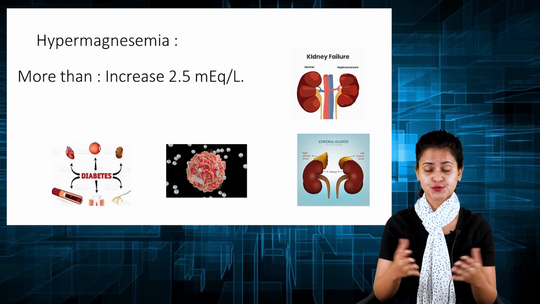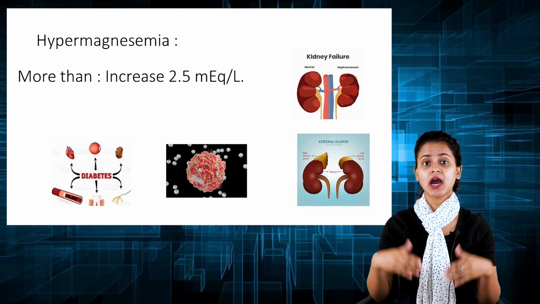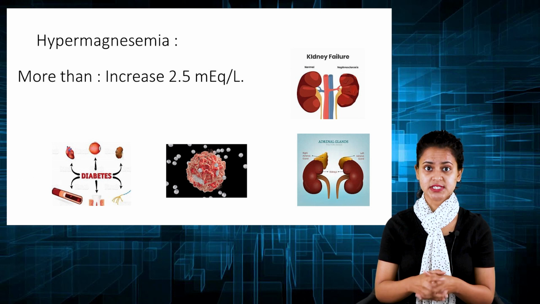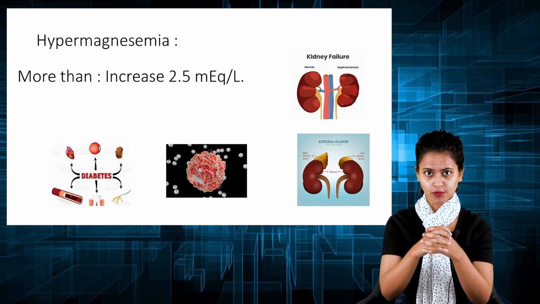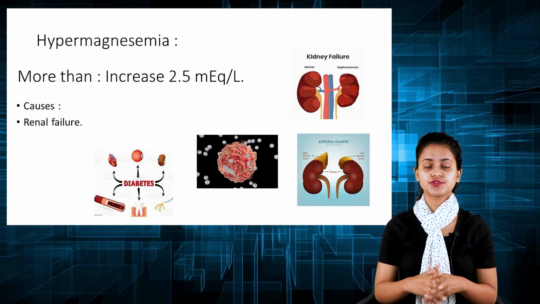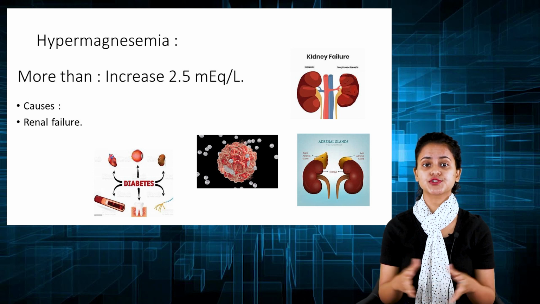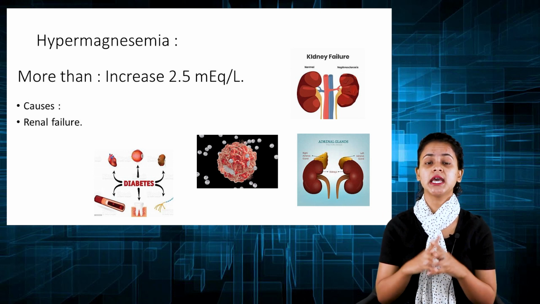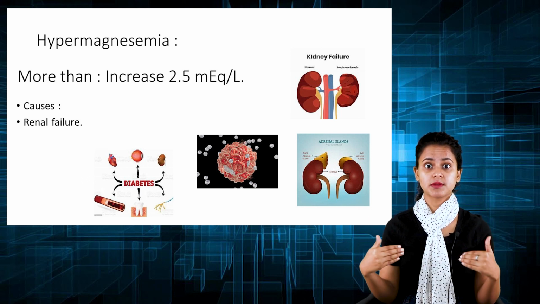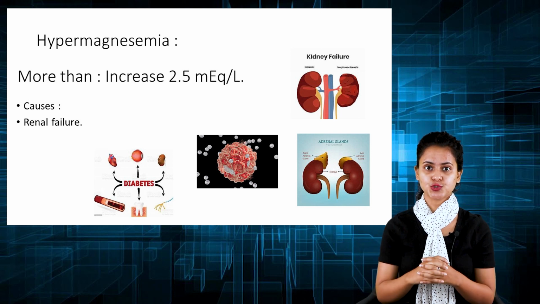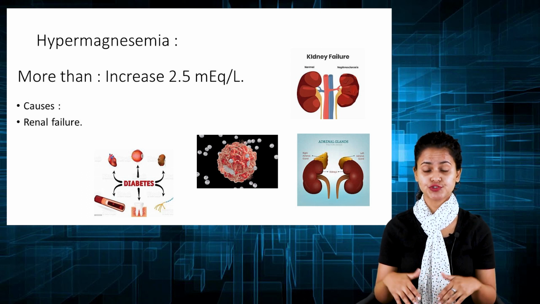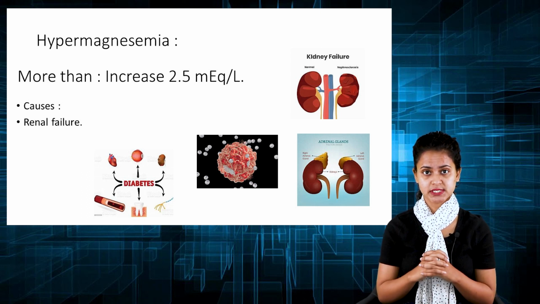So here, first we are going to discuss the condition of hypermagnesemia, the causes and the clinical manifestations, and even the basic treatment of this condition. The basic and common etiological factors often associated with the development of hypermagnesemia include renal failure. Renal failure almost always causes an increased build-up of magnesium in the blood circulation, which ultimately causes this condition.